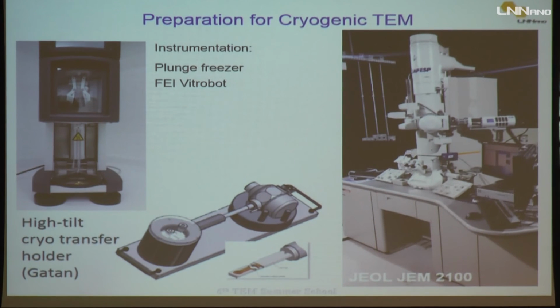Here are some photographs of our equipment for doing it. We have the plunge freezer, the FEI Vitrobot, and this is the microscope that we use for the cryo experiments.